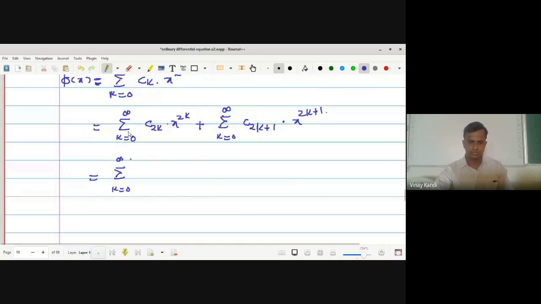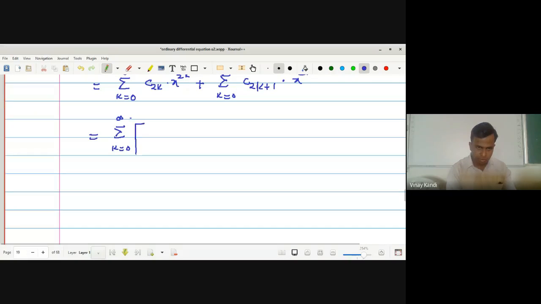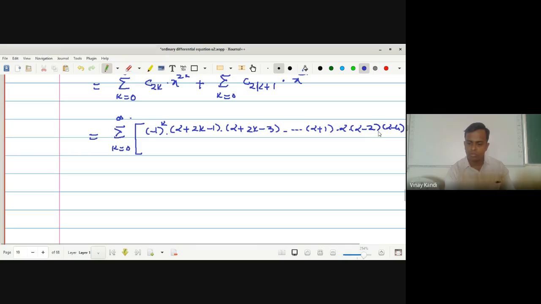This one, into the bracket minus 1 raised to k into alpha into alpha minus 2, alpha minus 4, and so on up to alpha minus 2k plus 2, divided by 2k factorial.